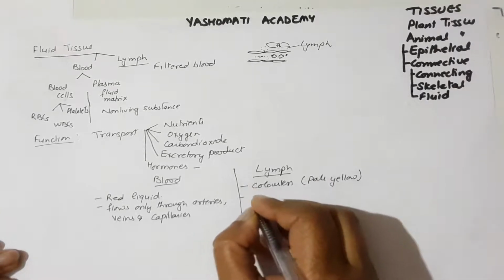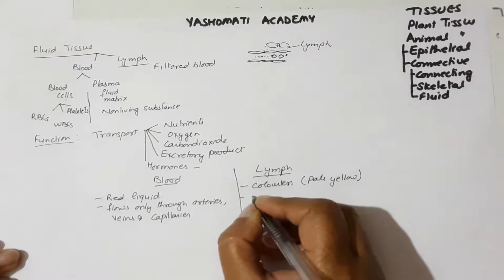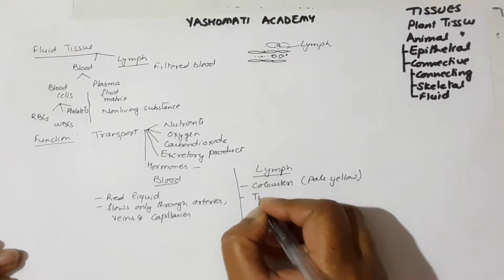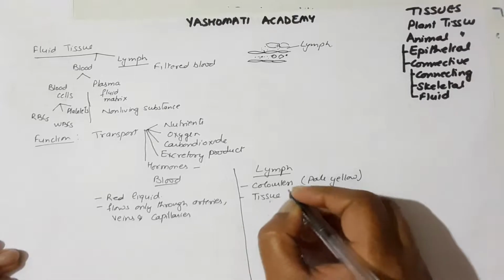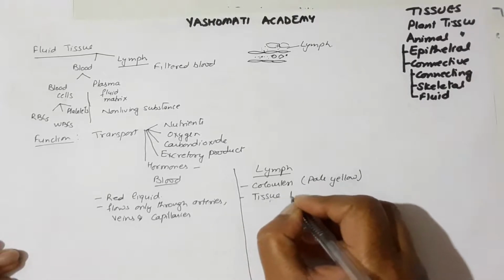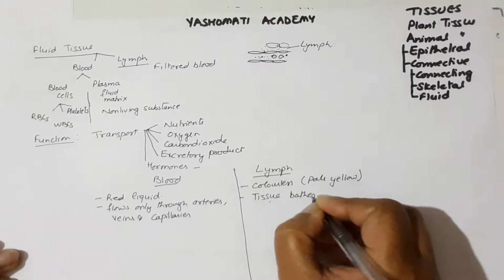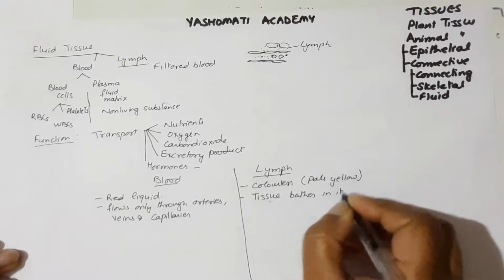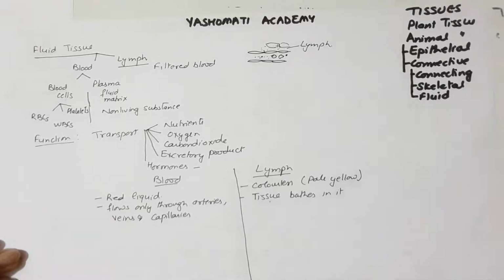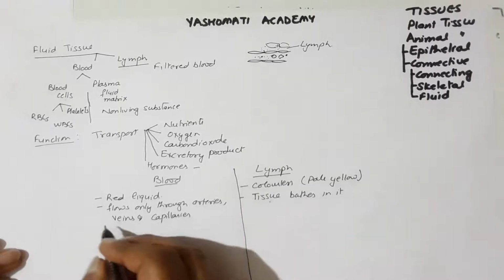Rather, it is the fluid in which tissue bathes. That means the tissue is submerged in this liquid lymph, which is present in the interstitial spaces, so it is in very close contact with the tissue cells.